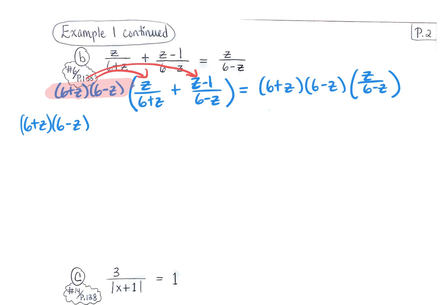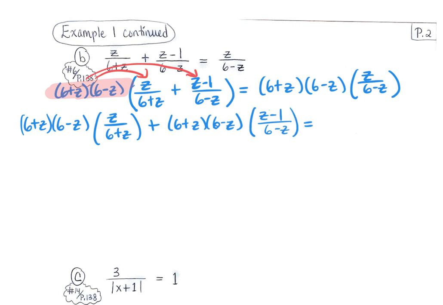You with me? Yes or no? Okay, so times z over 6 plus z, plus 6 plus z times 6 minus z times what? 3 minus 1 over 6 minus z. Yes.